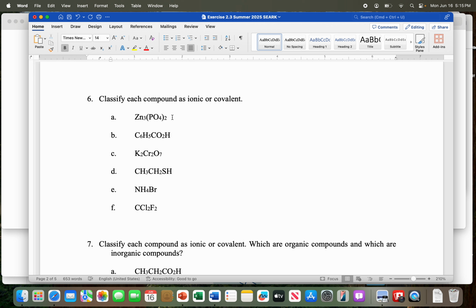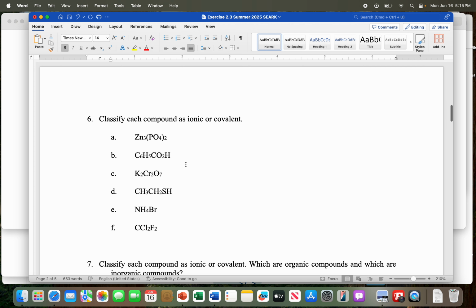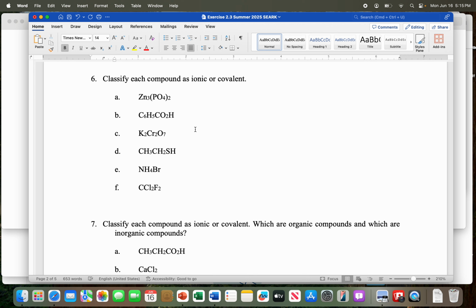But this zinc phosphate, you can just Google zinc phosphate and tell me, is it an ionic or covalent compound? That's a tedious but effective way to see what's ionic, what's covalent, and extract from that what is essential about how to identify an ionic compound.